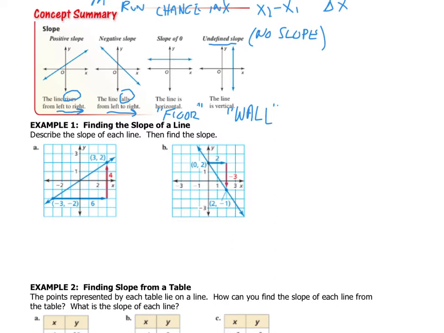So let's look at how we find slope. The way the book has put these diagrams in, I don't love, but I'm going to try to show you how I would find slope in this graph. First, they want me to say, what is the slope of this line in general?